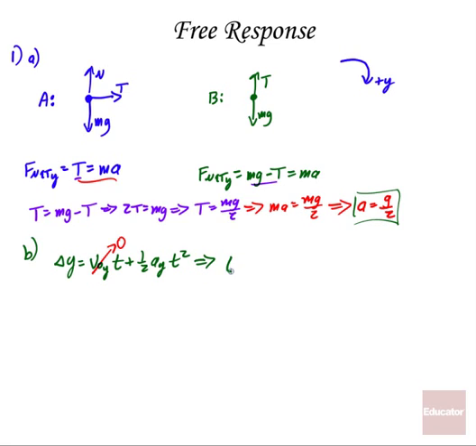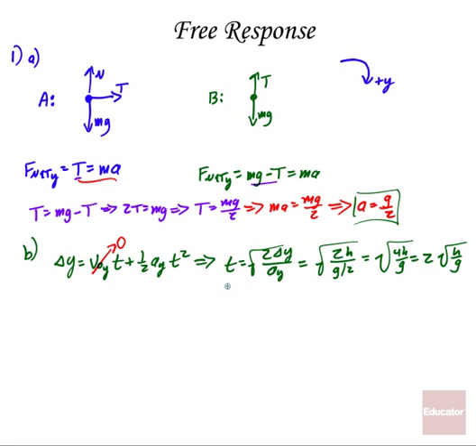Therefore, I could write this as t is going to be equal to the square root of 2 delta y over a_y, where delta y is just going to be the distance that B falls, which is h, and a_y is g over 2. So square root there. That's going to be the square root of 4h over g, or pull out the square root of 4, 2 square root of h over g must be the time. All right, there's B.